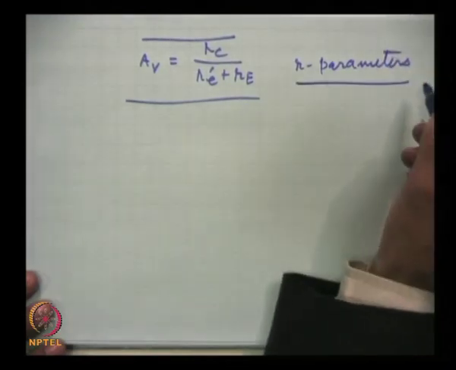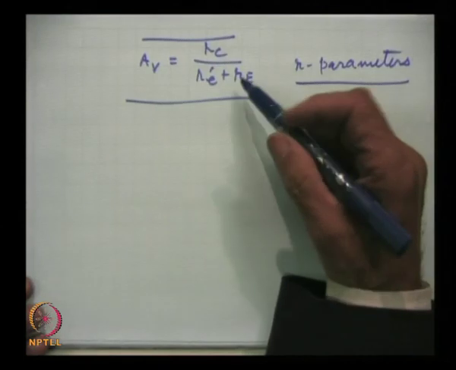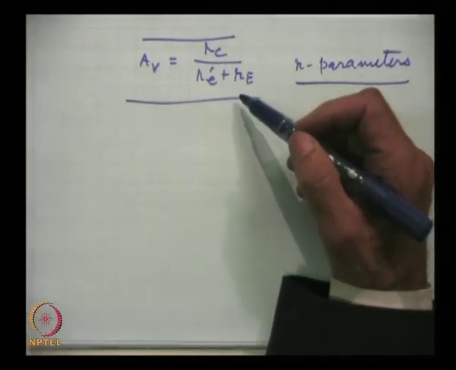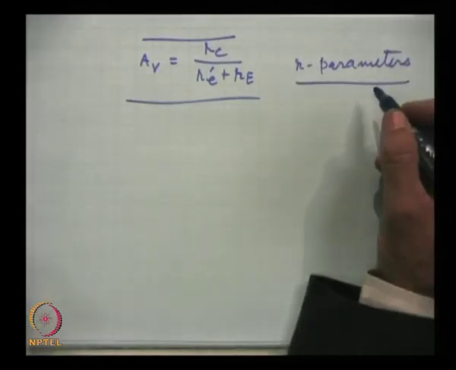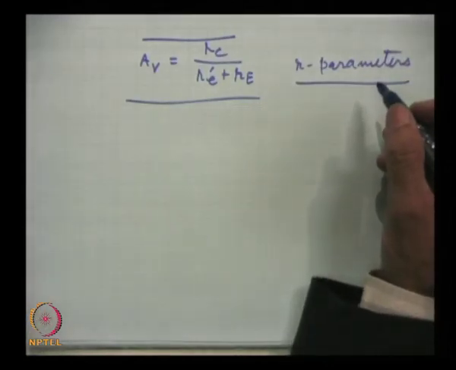Results are obtained in terms of the resistances and one more parameter which may be there, that is beta, which we have talked about.